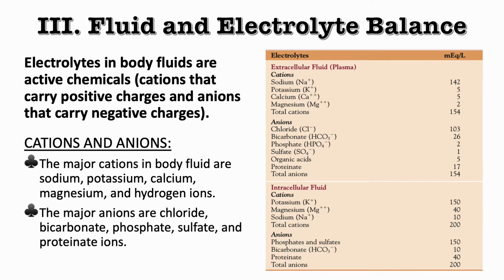The major anions are chloride, bicarbonate, phosphate, sulfate, and protein ions. The table approximates the major electrolyte contents in the body. Please take note that the major electrolyte in the ECF is sodium, while the major electrolyte in the ICF is potassium.